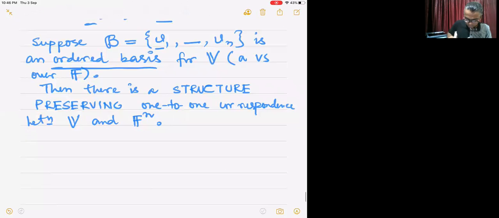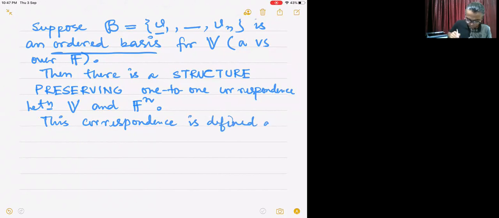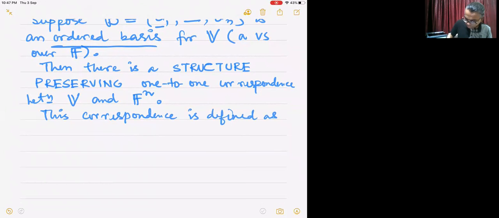What is that? This correspondence is defined as follows.